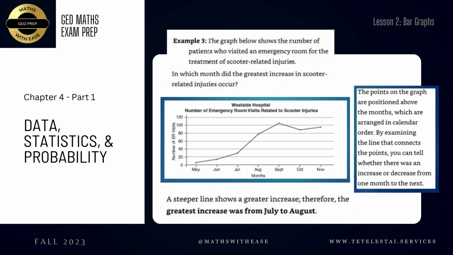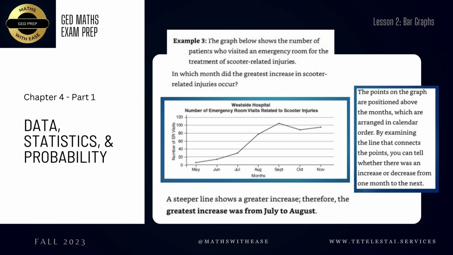Because the line between July and August is the steepest, and because the line between July and August is also showing an increase, we know that we can answer the question by saying that the greatest increase in scooter-related injuries happened between July and August.